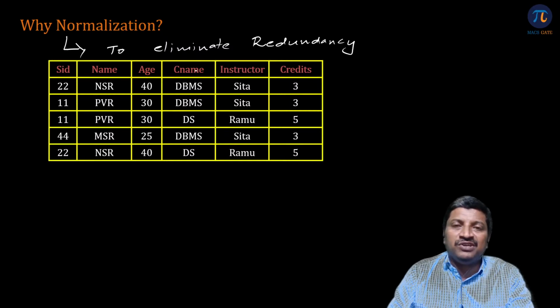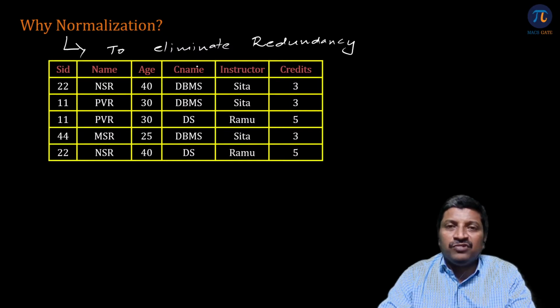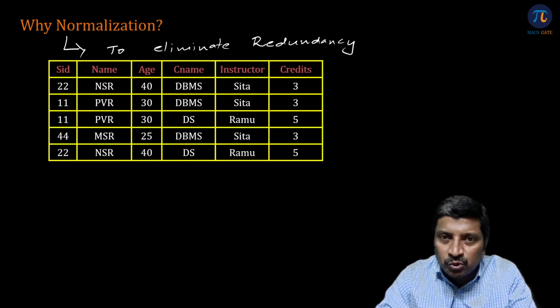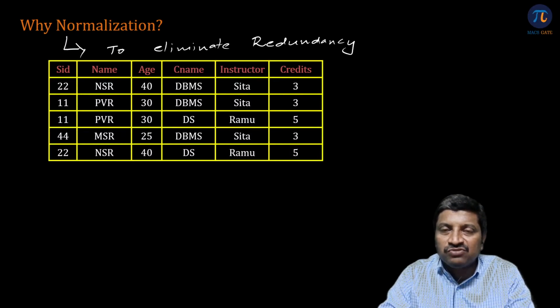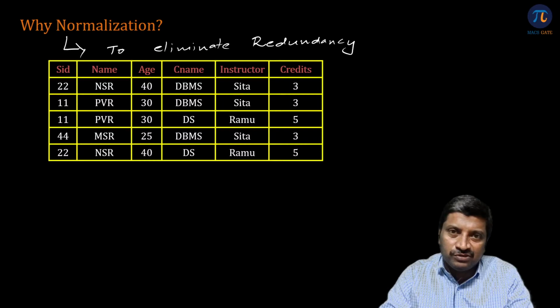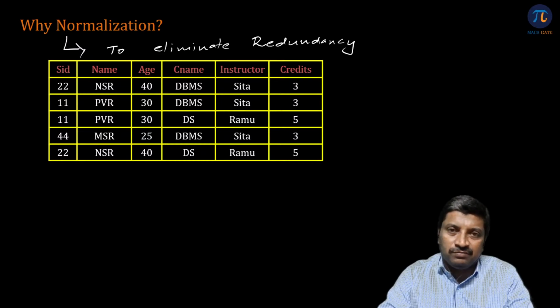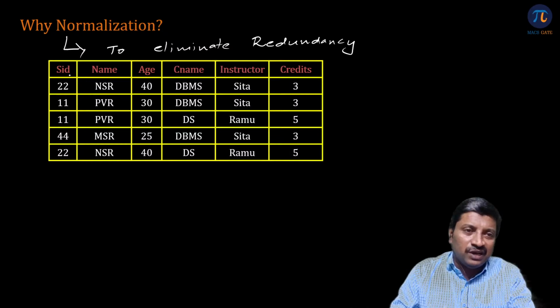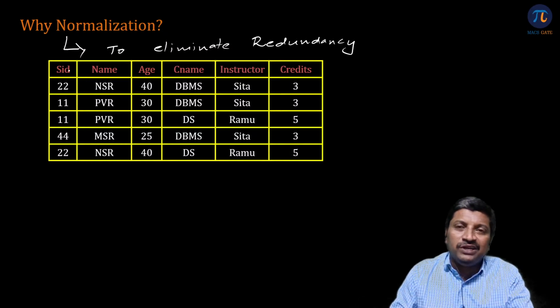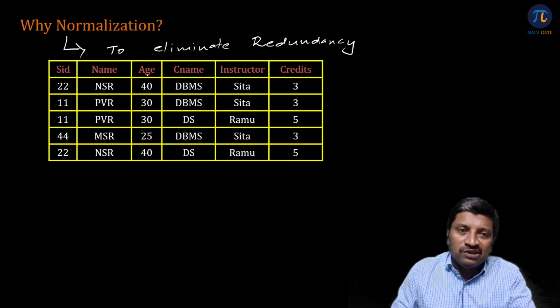Suppose we have a table in which we are storing the details of the students and the courses they registered in our college, in their BTech or MTech. Let us consider the attributes SID, student ID, name of the student, age of the student, and course name, the course he registered.